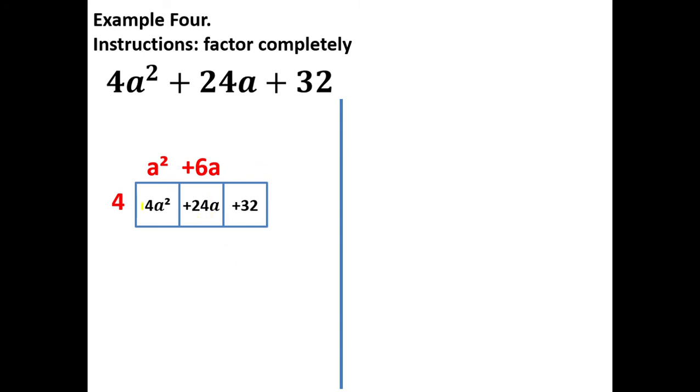And in the last one, 4 times what is 32? 4 times 8 is 32. So factoring this apart, we take the original polynomial, and it becomes 4 times this quadratic expression. See, it's a quadratic expression because if you notice, the first variable is the squared power, a squared. So that makes it a quadratic expression.